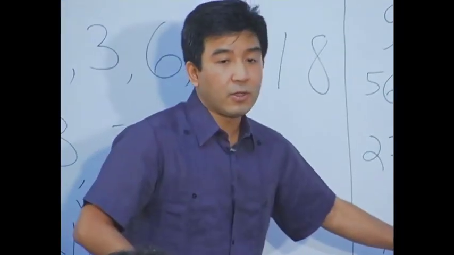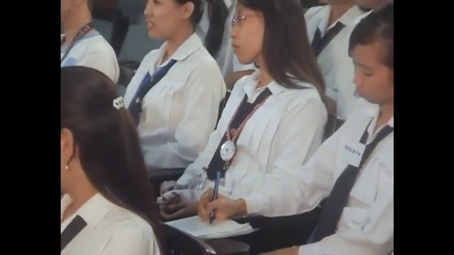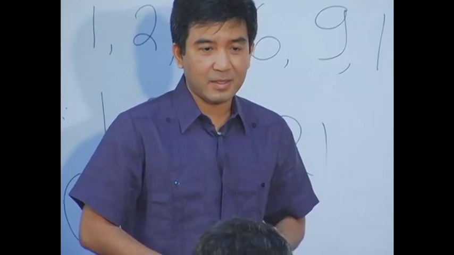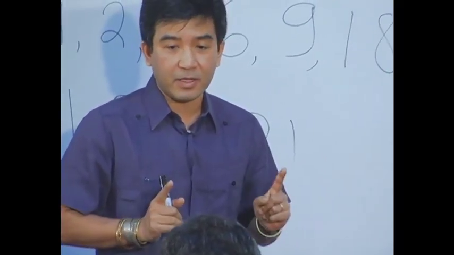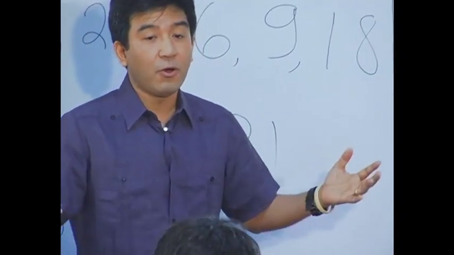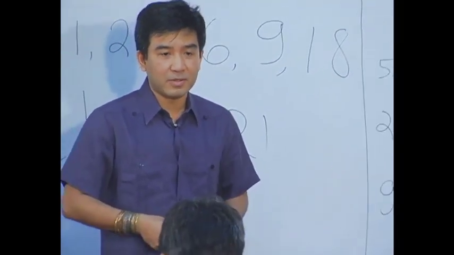Do you know what we call those pairs of numbers having GCD equal to 1? We say that they are relatively prime. It means that those two numbers do not share a factor except 1. Of course, all numbers are divisible by 1, so 1 is always a common factor.